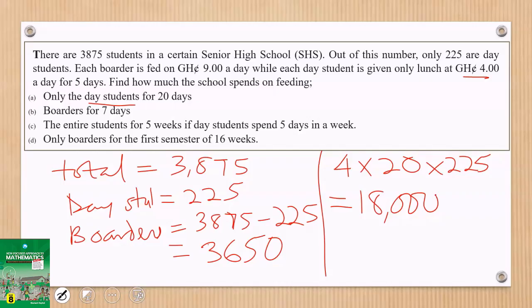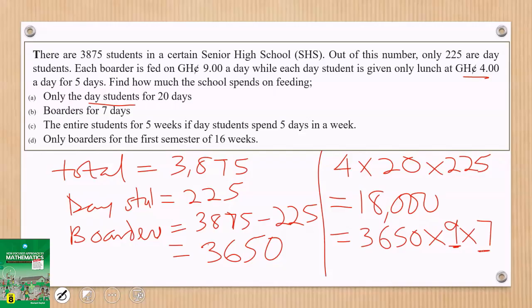Then boarders for 7 days. The total number of boarders is 3,650, times each boarder spends 9 cedis, times 7 days.